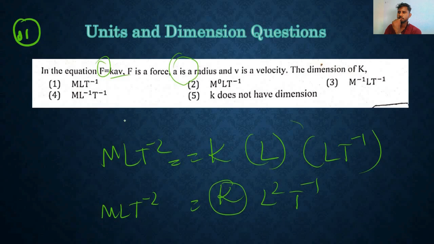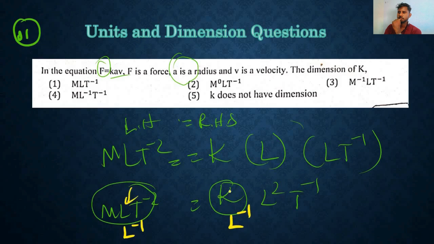Remember, the left hand side should be equal to the right hand side. We have L squared on this side, but on the other side we have only L. So one L should be removed, so K has to have L minus 1. Then L minus 1 into L squared will be L. I hope you understand.